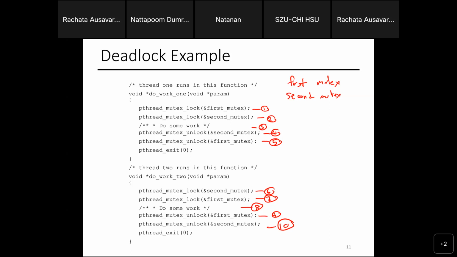Thread 2 comes in, says, hey, I want to lock the second mutex. No one can make progress. And because no one can make progress, I will never reach the line that unlocks things. To fix this, for example, you can kill one thread. But how is the program detecting that? It's not easy. It's impossible.